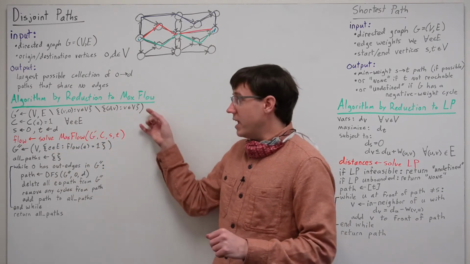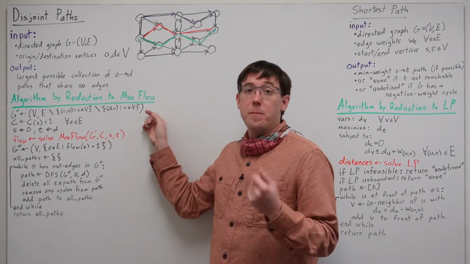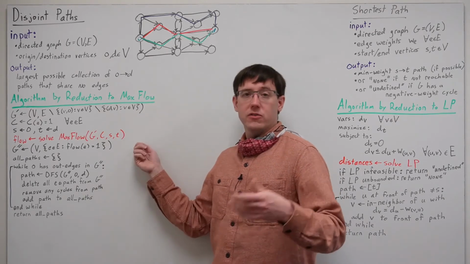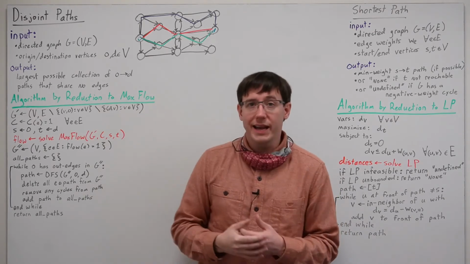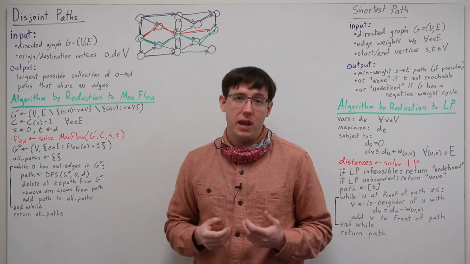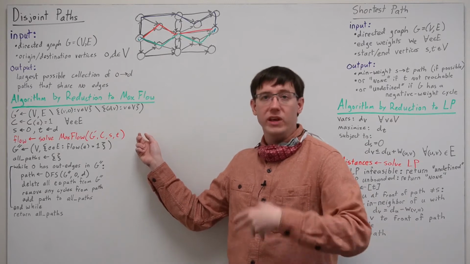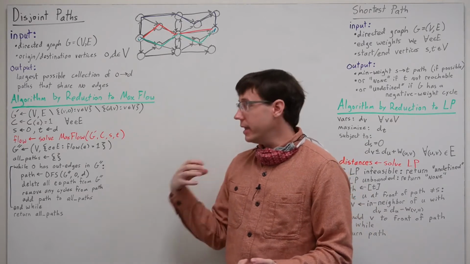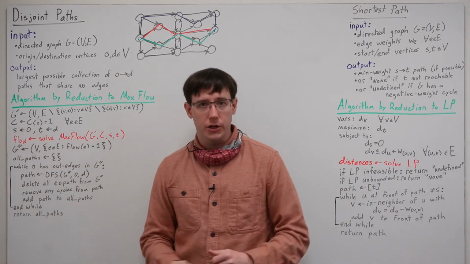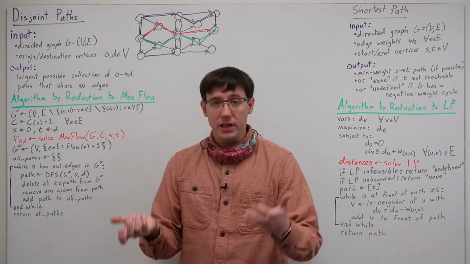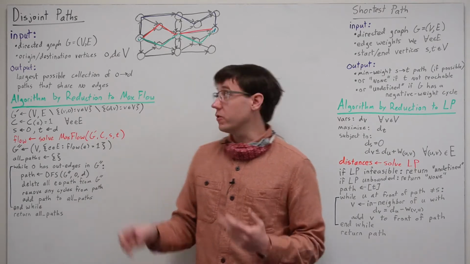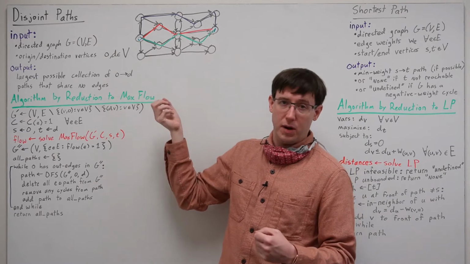So now we have a valid instance of a max flow problem, and we can solve that max flow problem using our favorite algorithm, say Ford-Fulkerson. The result that we get back when we solve a max flow problem is a flow function, and a flow function is not immediately an answer to the disjoint paths problem.